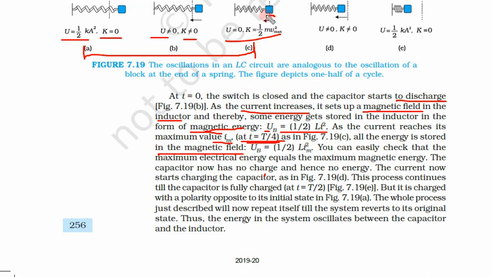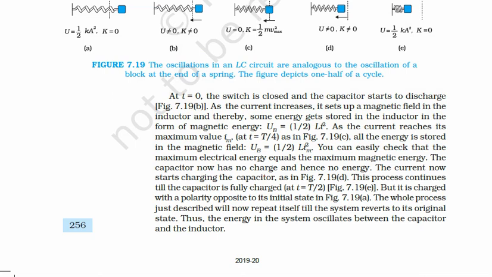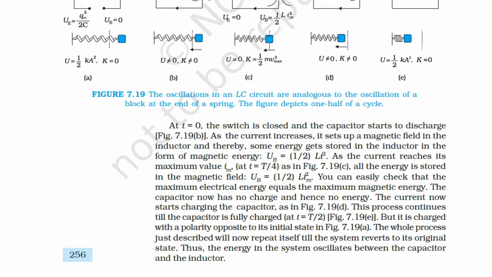So all the energy has been converted into magnetic energy, like kinetic energy here. So here we started with electrical energy and magnetic energy 0, then both are there. Again electrical energy becomes 0, all the energy is magnetic energy, then both are there, and again we come to the initial state: electrical energy is maximum, magnetic energy is 0.